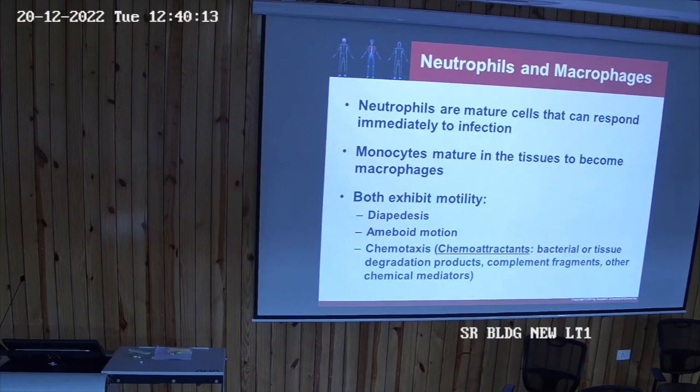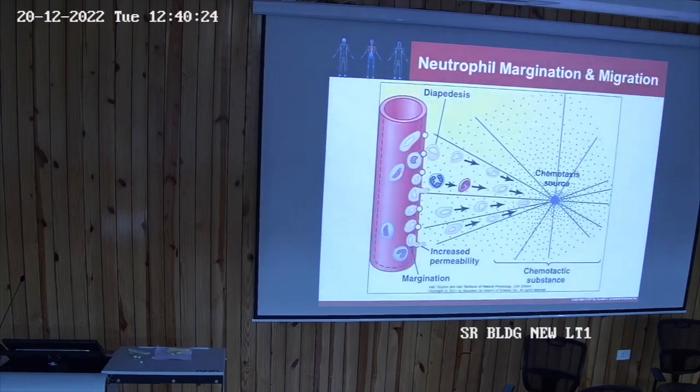Because of this chemical attraction, it is known as chemoattractants or chemotaxis. This is the mechanism of diapedesis, and the chemoattractant source. From the capillaries they get out, and when they are present in the tissues, there is amoeboid type of movement.